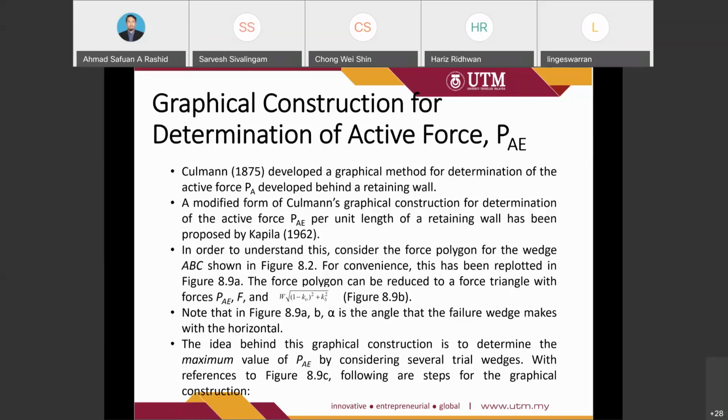Kapila has explained a little bit on the polygon force, which was discussed previously by Okabe. He has introduced what we call W, the square root of 1 minus kv squared plus kh squared.